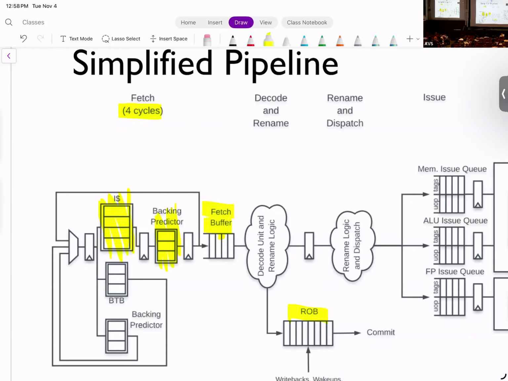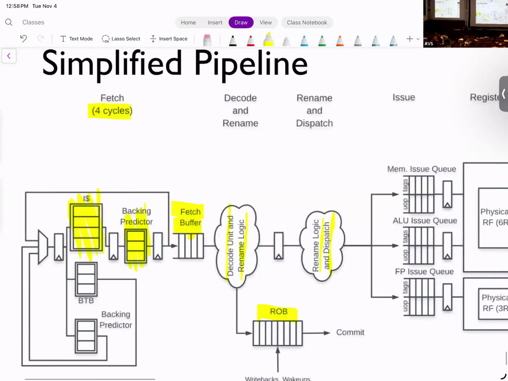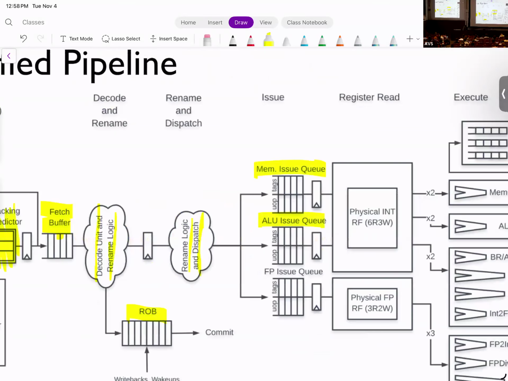Then they have their ROB, decode logic. Then they have the dispatch. As I said, they have the distributed issue queue, so the dispatch writes things into separate issue queues. Then they actually read the instruction. This is read after issue. As you can see, this number means I can read 6 registers and write 3 at the same time. For floating point, they can read 3 and write 2.